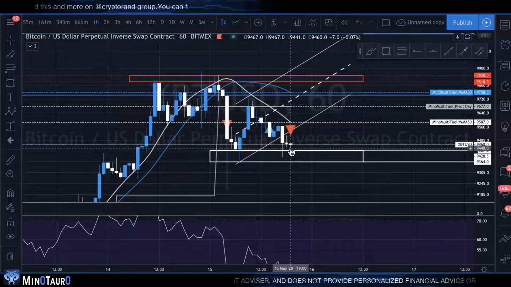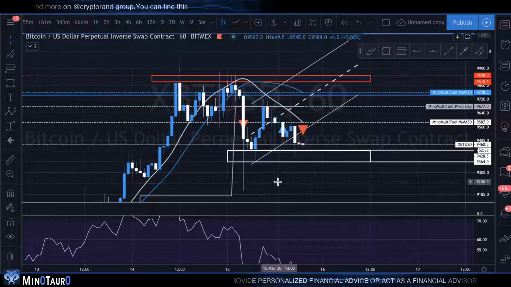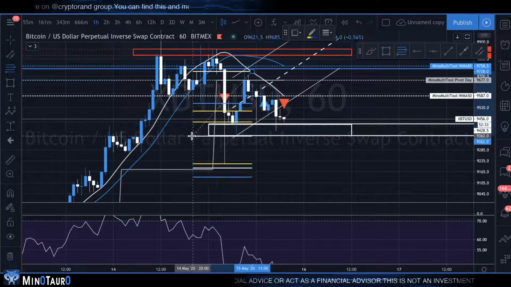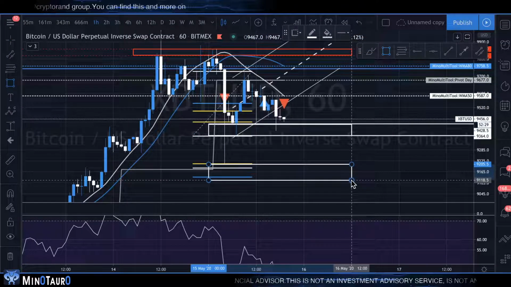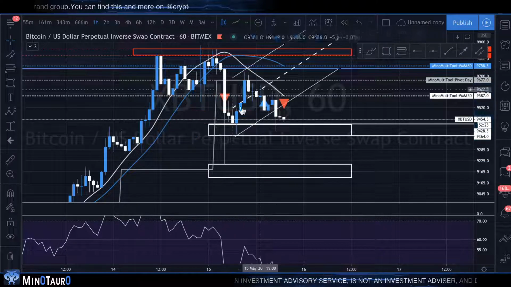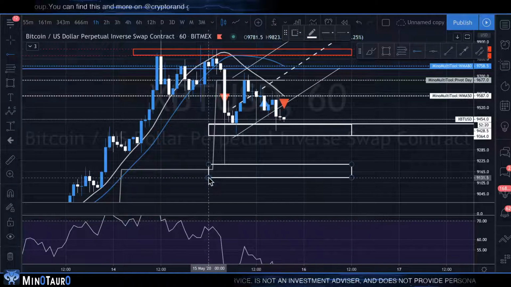So when you have support like this, it's not easy to break it down. The breakdown of this will probably bring us down there. That is the second order, very important, the order that actually stopped us from crashing more. It's going to be this one here.